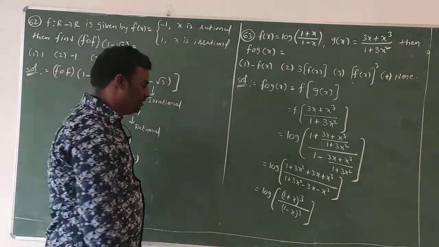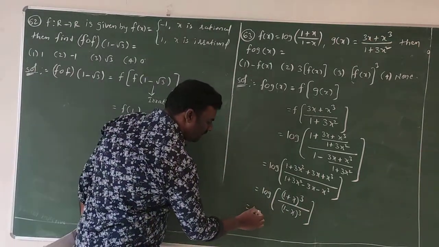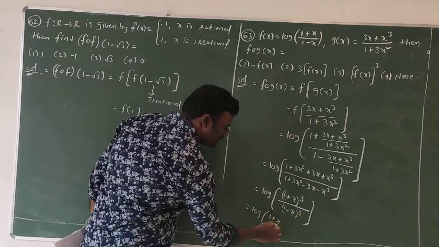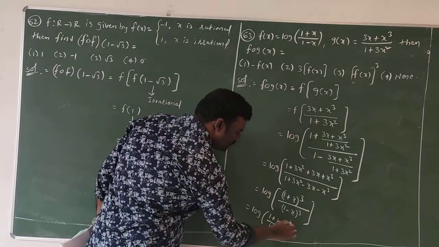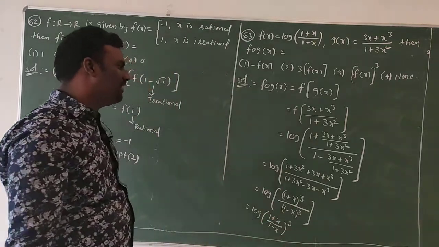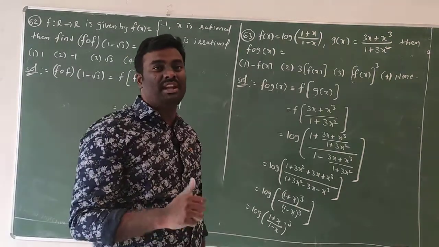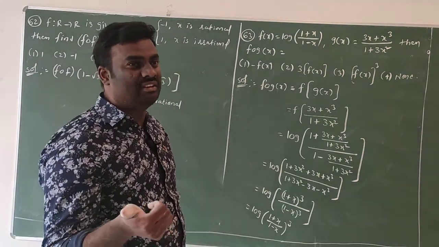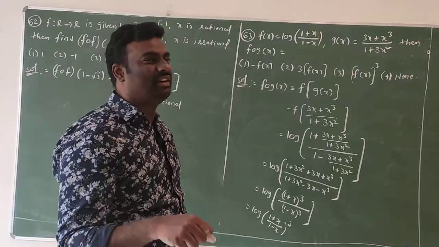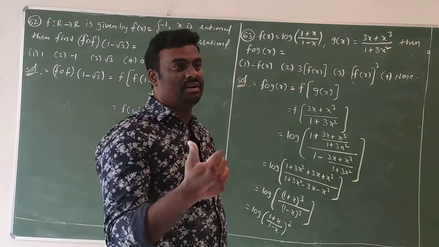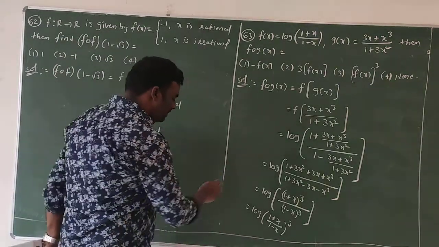We will take the cube for the single function, then log of 1 plus x by 1 minus x whole cube. In a logarithmic function, the value which is in the power, that value we need to write in first place.